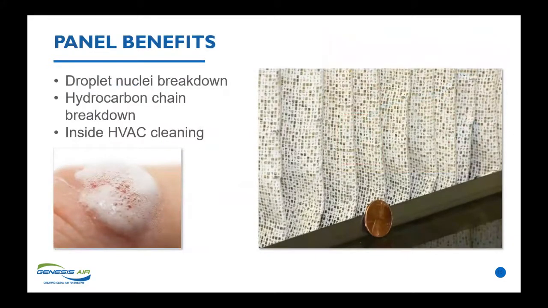The benefits. For $1 energy dollar with CenterPoint PCO, you can break down the droplet nuclei, which means we destroy, on this particular virus, it's an RNA virus, we destroy the RNA so it cannot replicate itself. If it's an odor control application, we break down the hydrocarbon chain and reduce the odor.